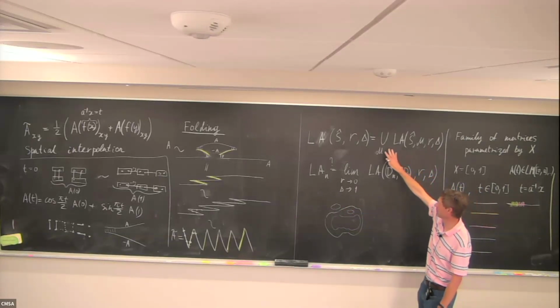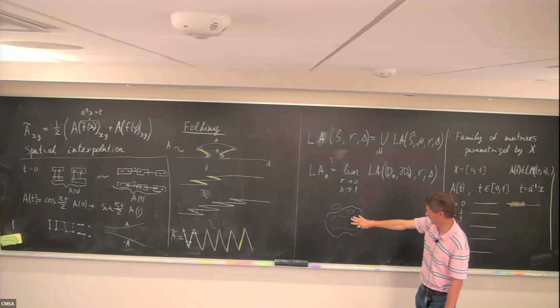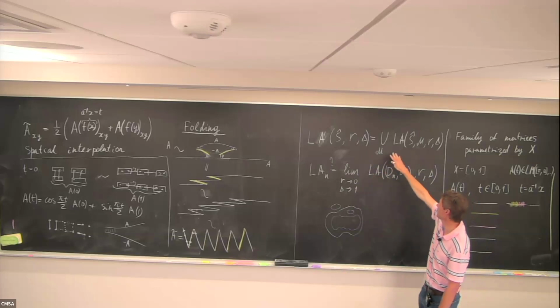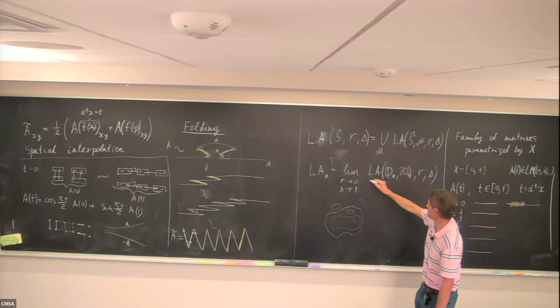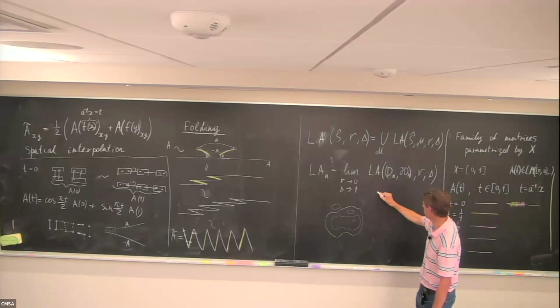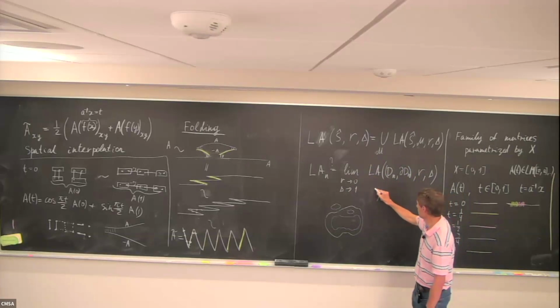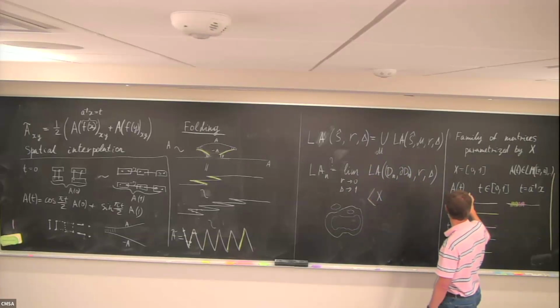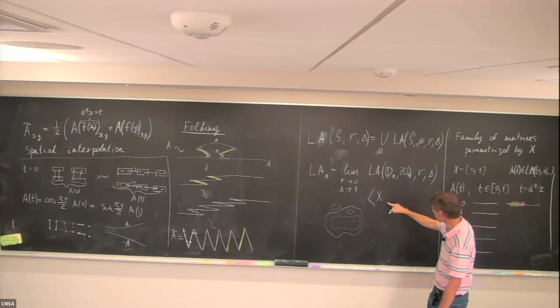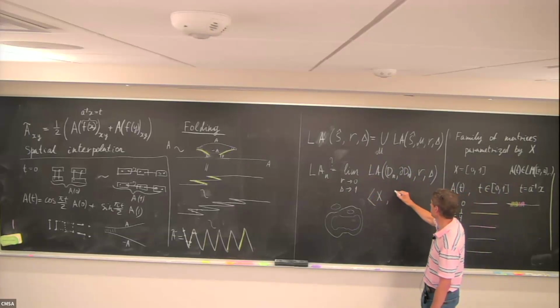We don't actually define this space directly, but rather we first define the space of maps from X, any based pointed CW complex, to this guy.